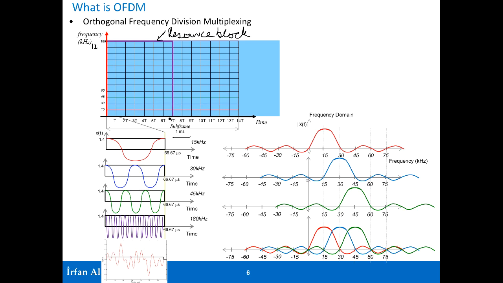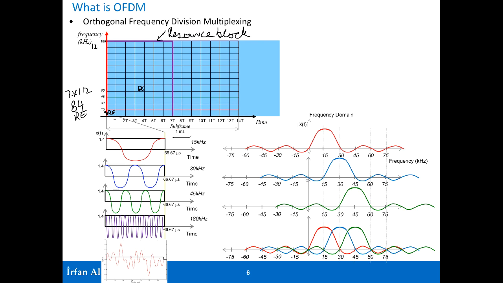If you look at it, there are 7 times 12, or 84 resource elements in there. Each of these is a resource element, and each resource element can have 2, 4, or 6 bits. So you can do your math and figure out how many bits can be sent in here.